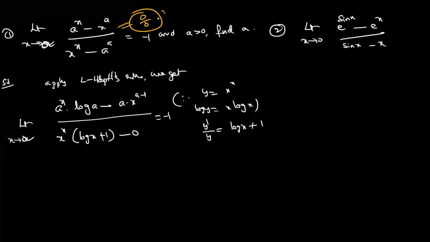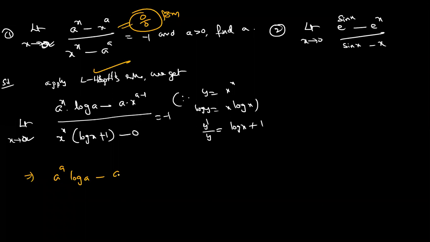That's why applied L'Hospital's rule. Now put x is equal to a directly: a power a into log a minus a into a power a minus 1, by a power a into log a plus 1, is equal to minus 1.